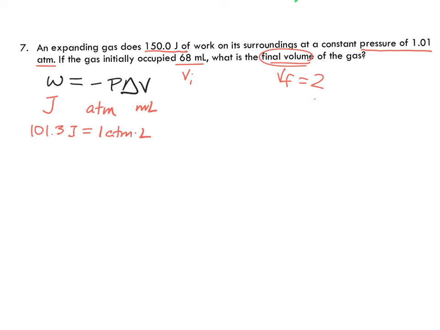So we can see right away that milliliters is going to be a problem, and we're going to need to convert this into liters. So there are 1,000 milliliters in 1 liter. That means that 68 milliliters is the same thing as 0.068 liters. And we're also going to need to convert joules to atm liters.